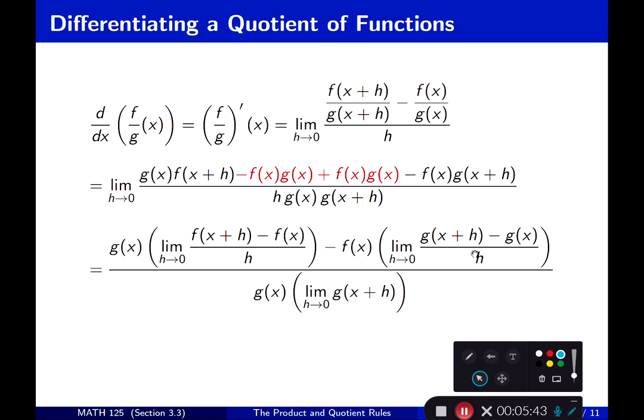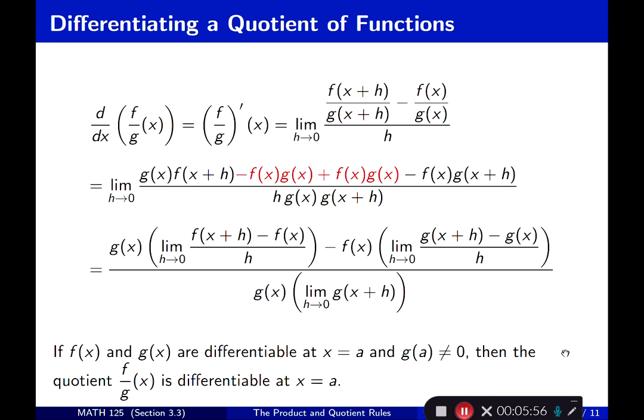Again, g is differentiable, hence continuous, hence that limit is equal to g of x itself. A lot of this discussion goes with the fact that g of x cannot be 0 and the limit of g of x plus h cannot be 0.